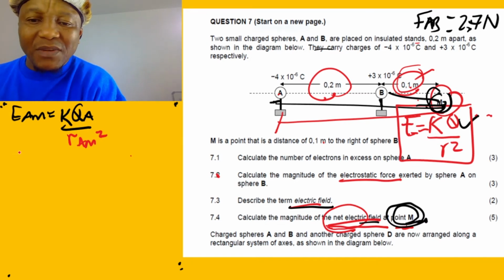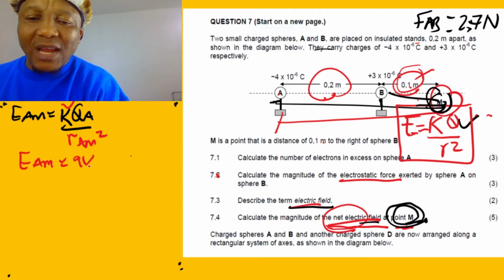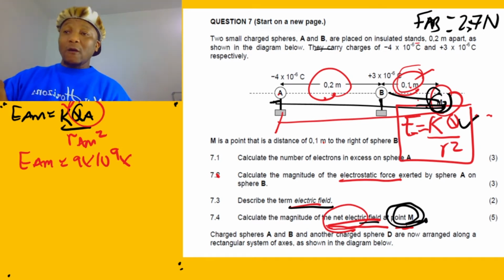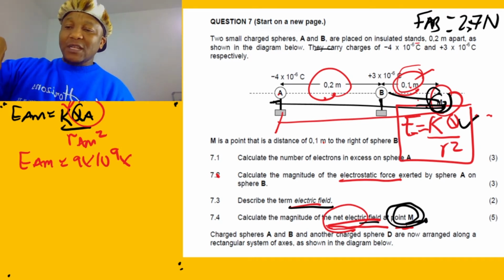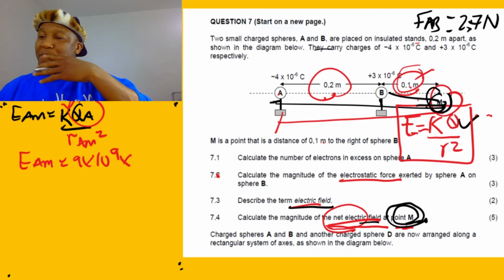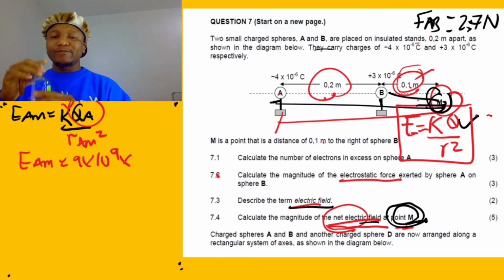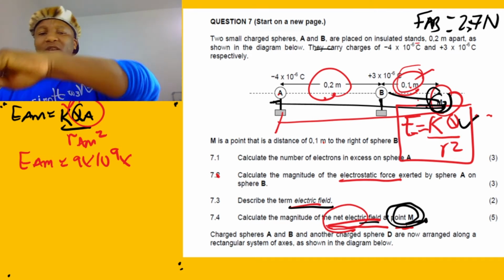So we can simply say the electric field of AM equals constant K, which we know is 9 times 10 power 9, times the charge A. Now in electric field, do involve the charge. They'll say, oh, you said we should not involve it. No, do involve your charge. It's very, very important.